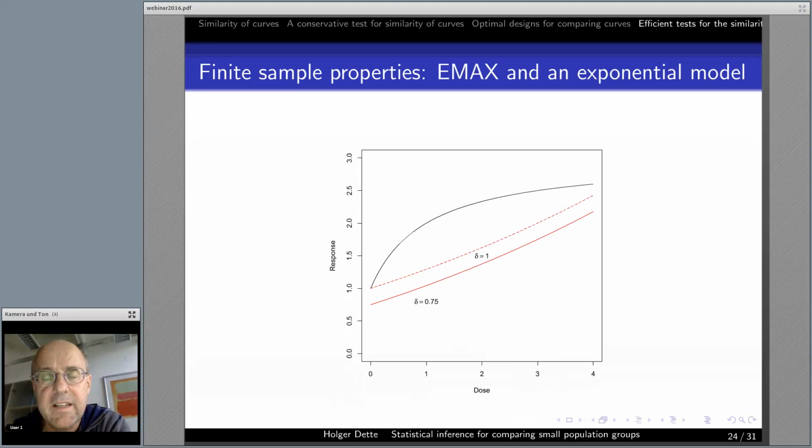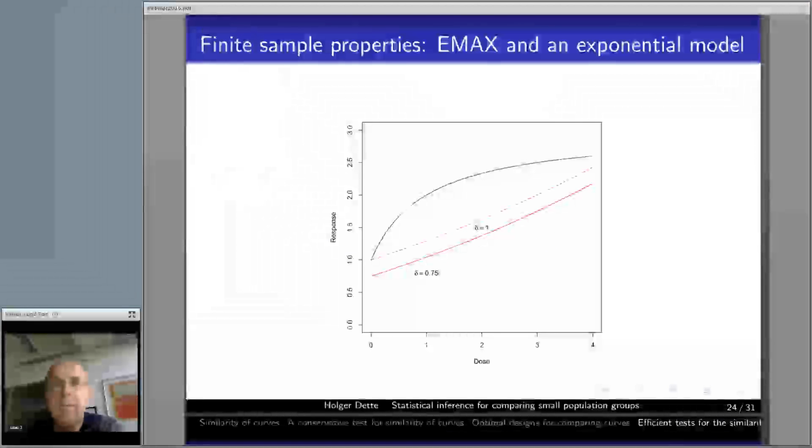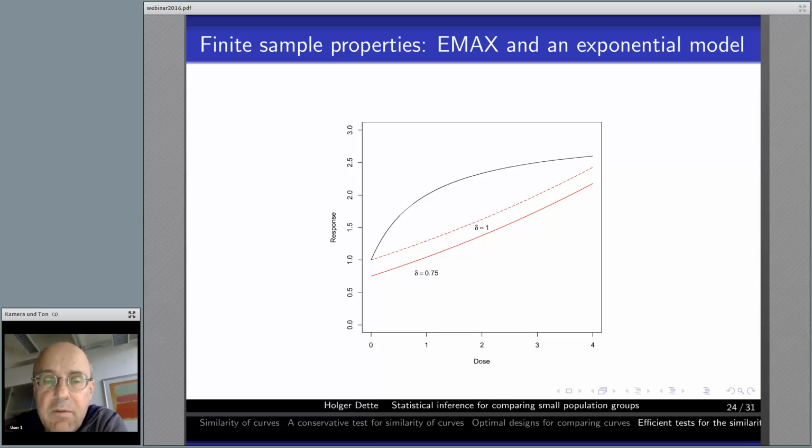Okay, I have here my example. Another example: we have an Emax model and an exponential model. We could have here two Emax model curves, and we want to test if these curves are similar, and we shift the exponential model up and down. You see here two red curves, and these two curves correspond to different intercepts.